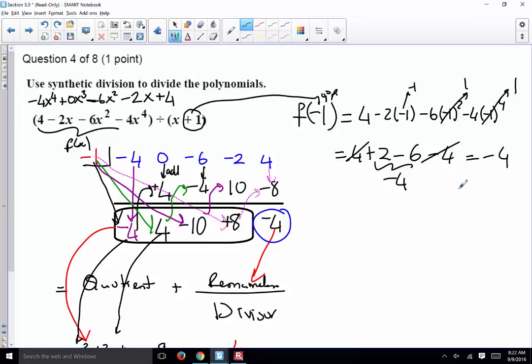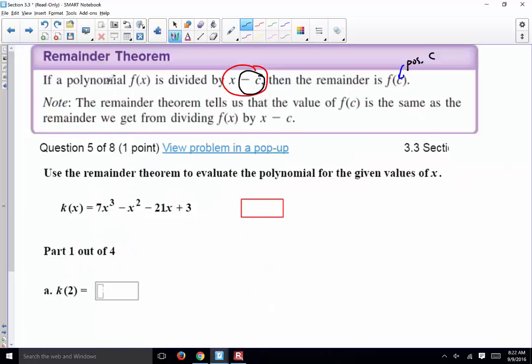So this is a good tool if somebody is just asking what's the remainder when you divide this by that, then you just need to enter c in there. But I believe you can use this for your zero finding purposes as well, right? Can you use this for another reason or cause?